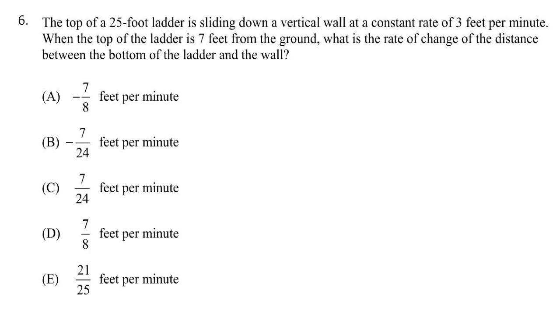Okay, here's another classic problem. It's a ladder problem, and we normally see these coming up on the AP exam somewhere. And so we have a wall, we have a ladder, and I have awesome drawing skills, y'all. It's just amazing. We have this 25-foot ladder, and the top of the ladder is 7 feet off the ground, so I know this distance is 7 feet.